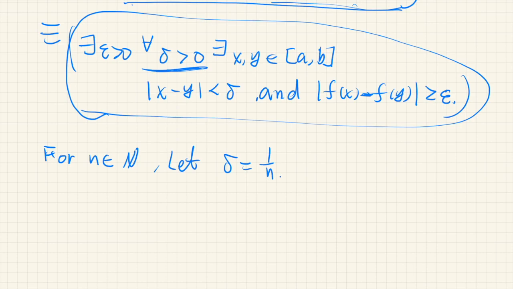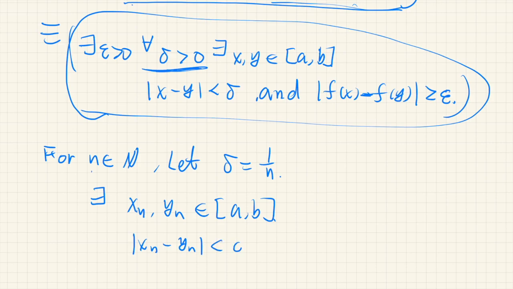So for this, there exists some xn, yn, whose values depend on the value of n, in the interval a and b, such that the distance between xn and yn is less than delta, and the difference between f of xn and f of yn is greater than or equal to epsilon.